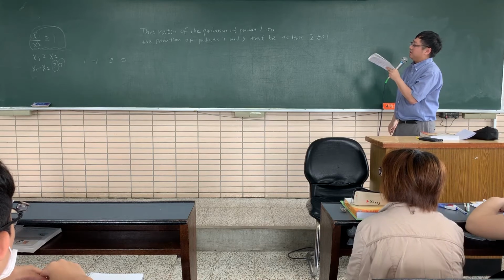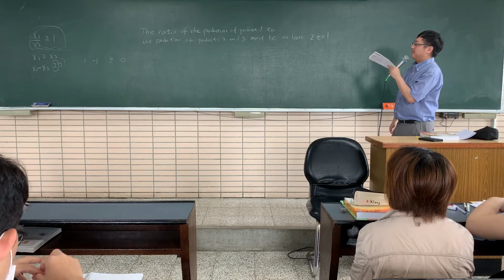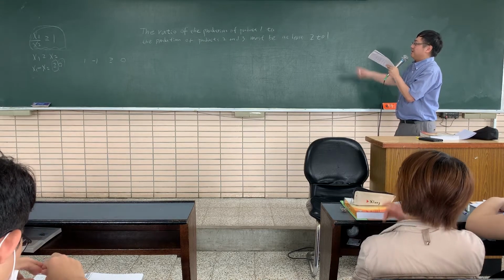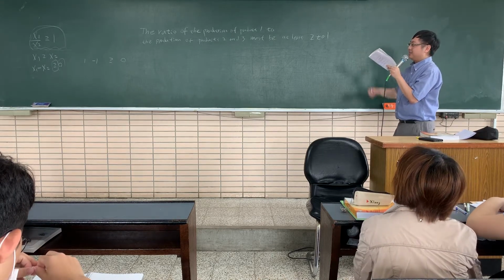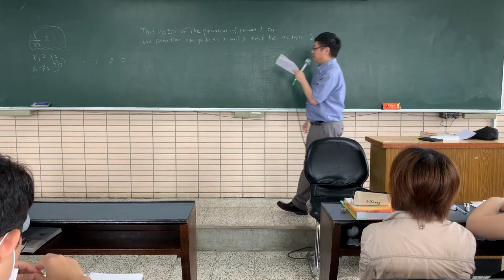Assume we have 3 decision variables. Decision variable 1, x1, is the amount of product 1 to be produced. x2, product 2, x3, product 3. How to write this?